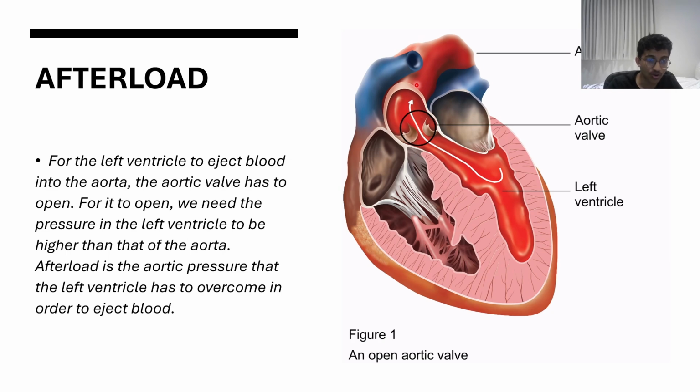So afterload is basically the aortic pressure that needs to be overcome so we can open the aortic valve and push blood into the aorta. You can say that afterload is equal to the aortic pressure, because we need to eject the blood into the aorta from the left ventricle.